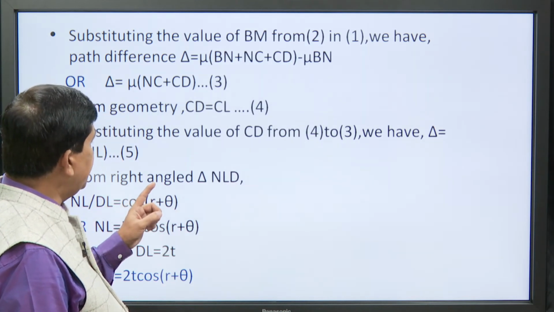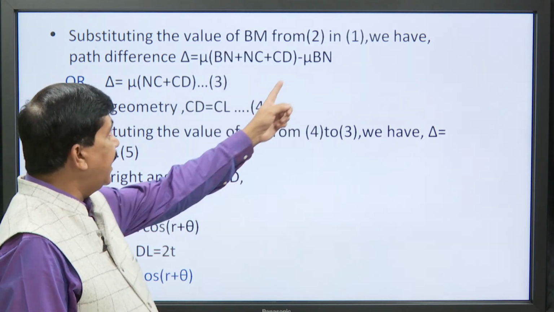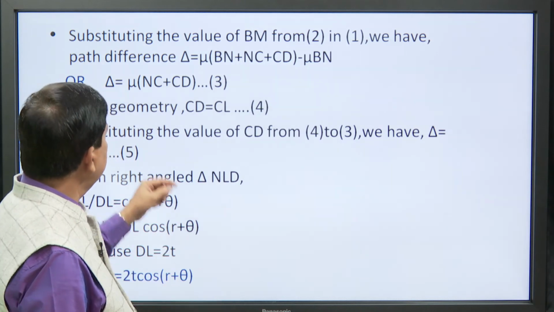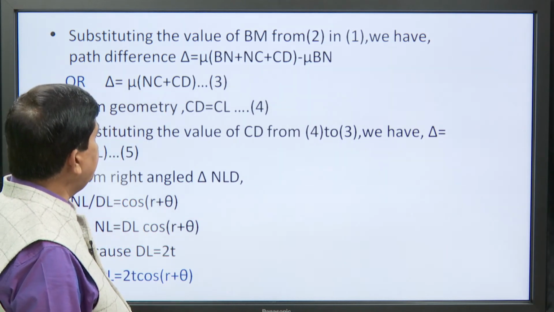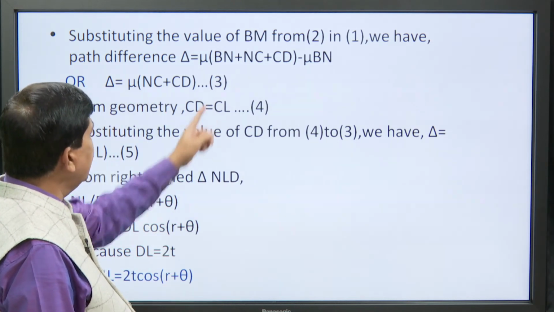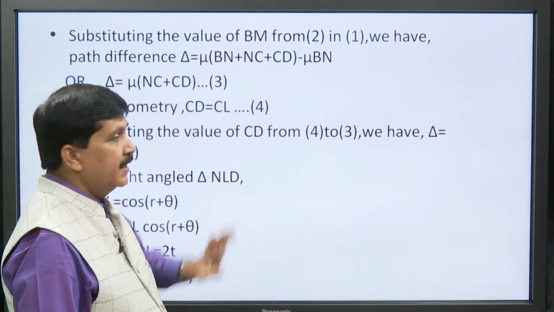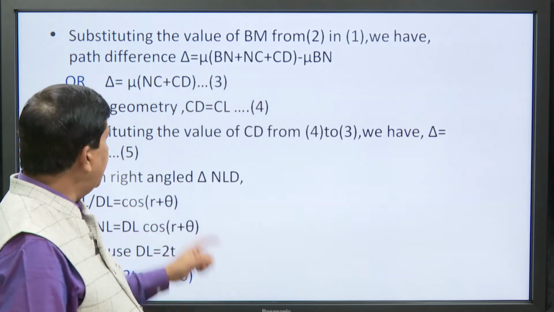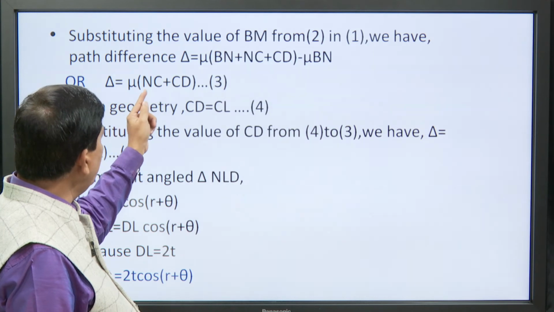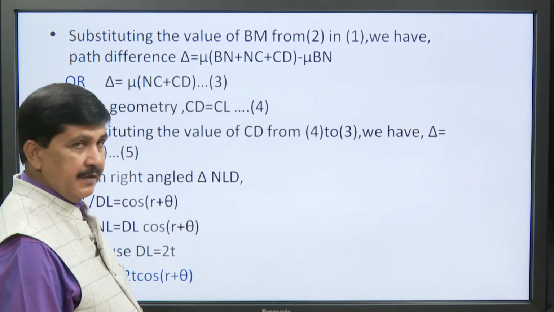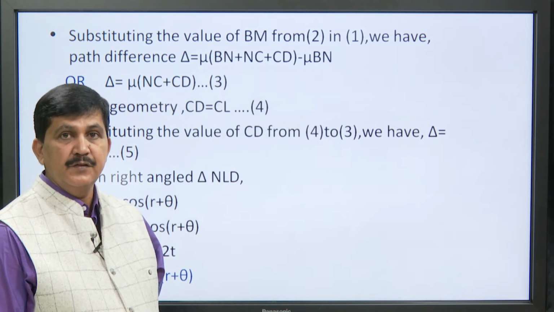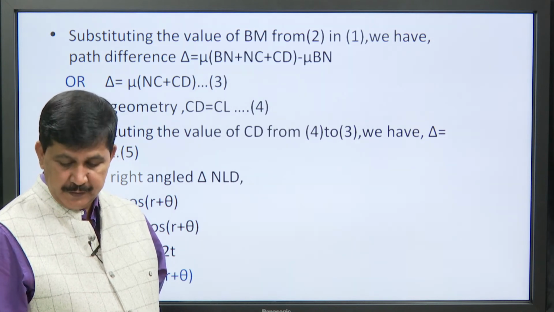When we substitute this value of BM as mu BN in the equation of the path difference, mu BN and mu BN will be cancelled out and the path difference will become mu NC plus CD.